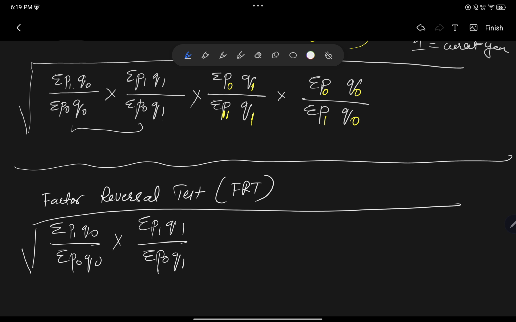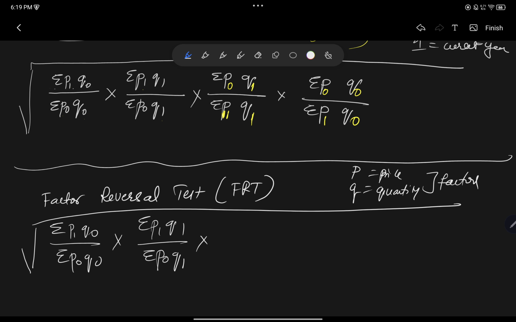You know that this is Laspeyres', this is Paasche's, combining together it is Fisher's method. Now we are not changing the time here. We are changing the P and Q here. P means price, Q means quantity. Price and quantity are the factors here. So we are replacing the factors, not the time.